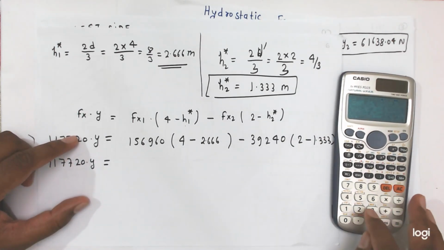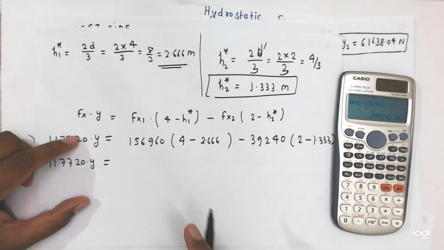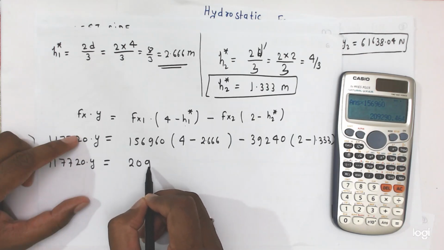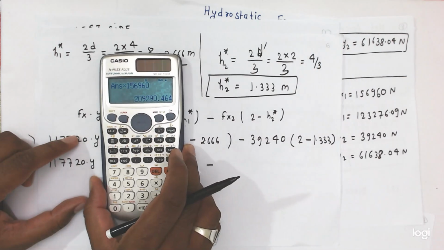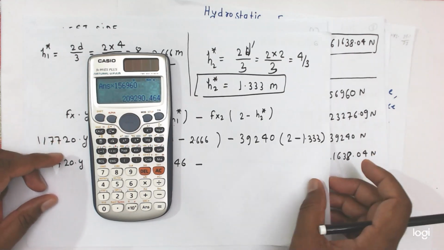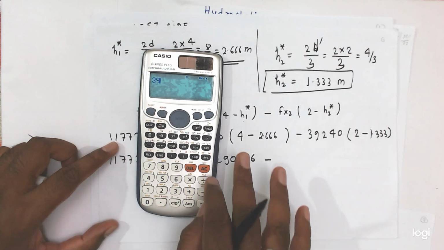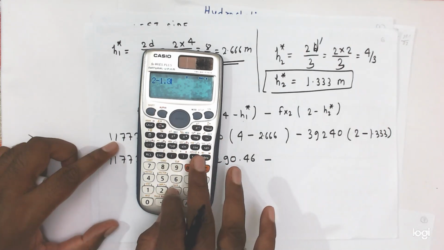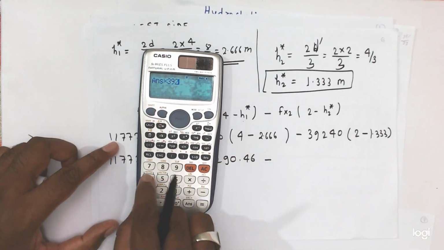what? This 4 minus 2.666 into 156,960. It will come around 209290.46, minus, here you see, 2 minus 1.333 into this 39240.